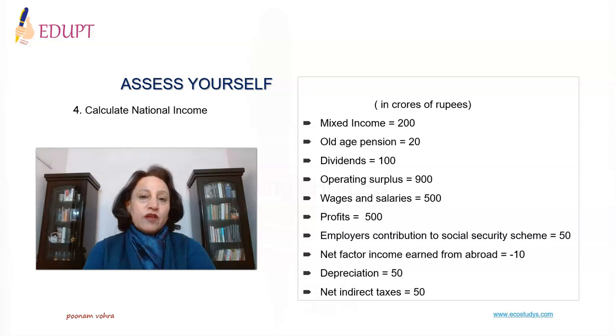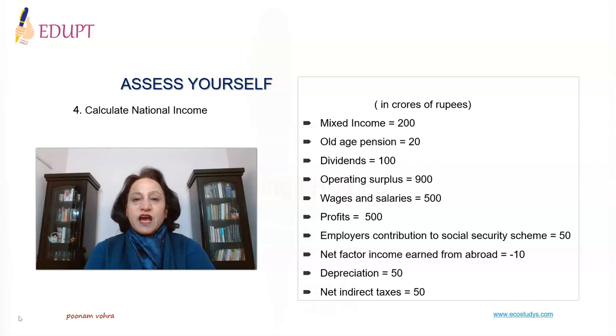This is the last numerical in today's session. So far you have found compensation of employees, operating surplus, and domestic income. Now finally find out national income by income method. Various items are given. All these values are in crores of rupees.